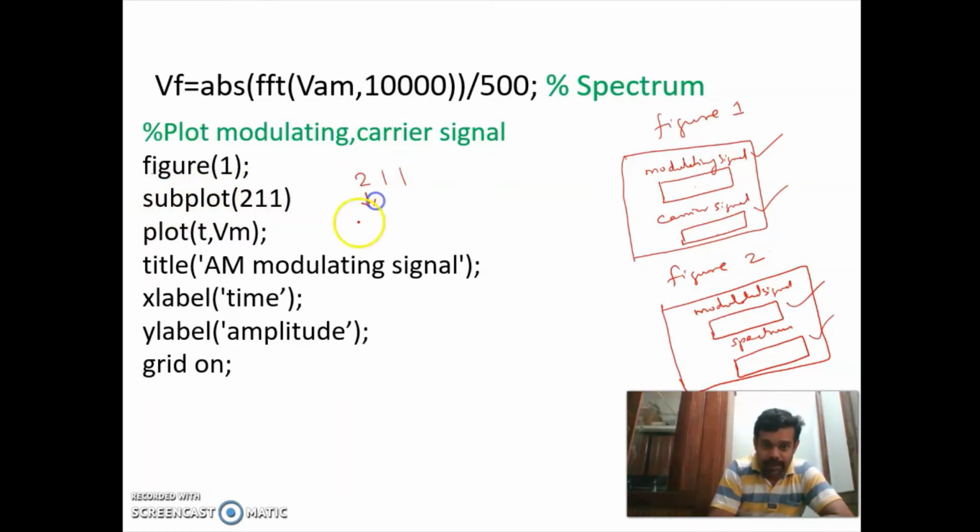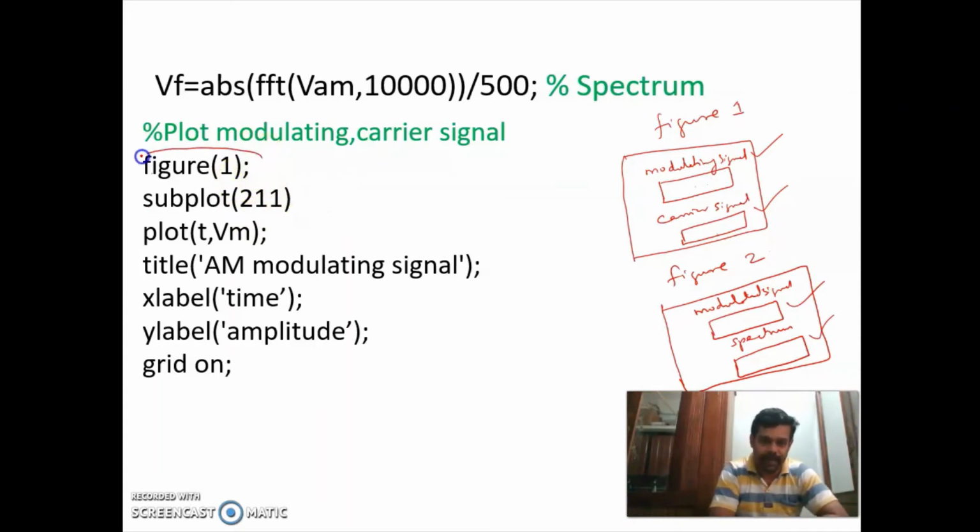The first one is the number of rows, the second one is the number of columns, and the third one is the figure number. Subplot of 2 1 1 means two rows, one column, and the last one defines the figure number.